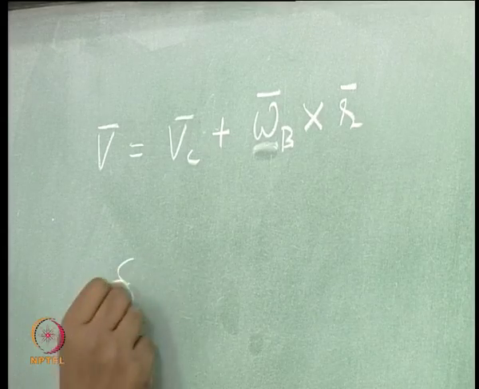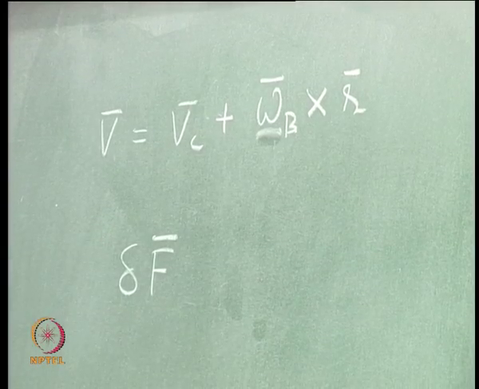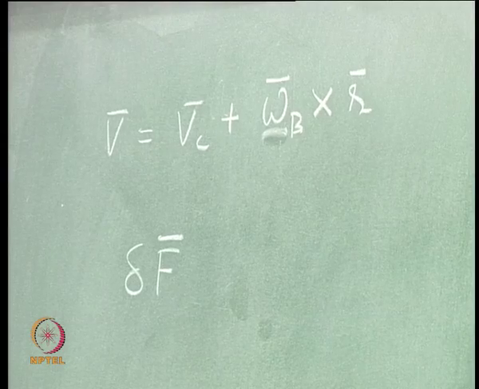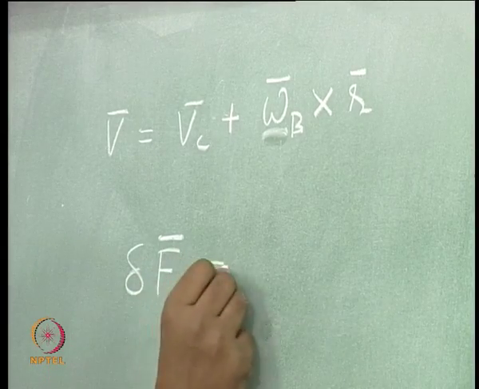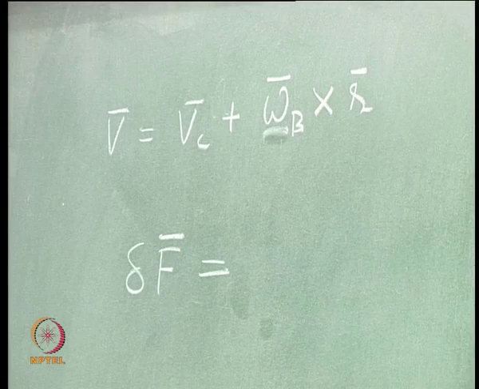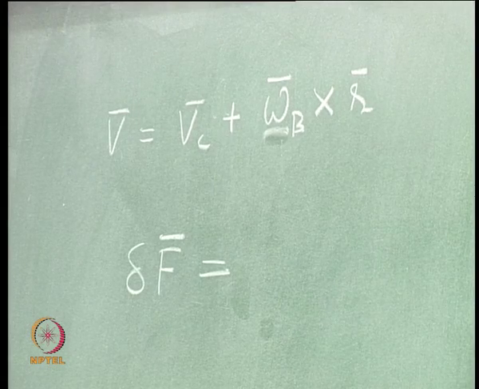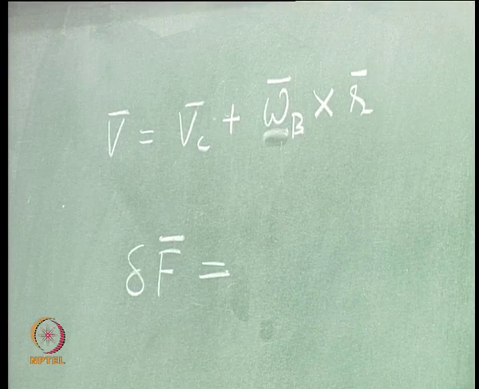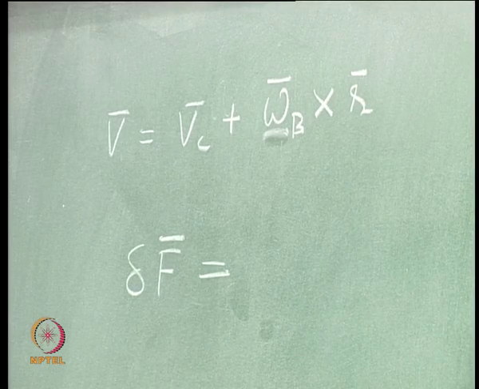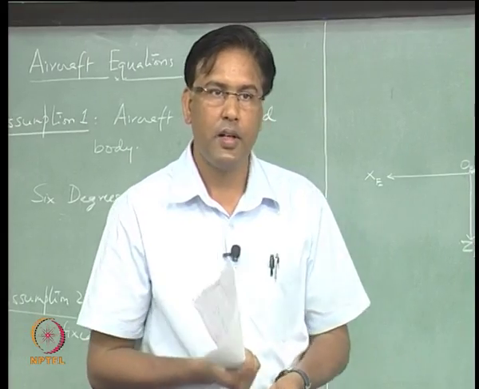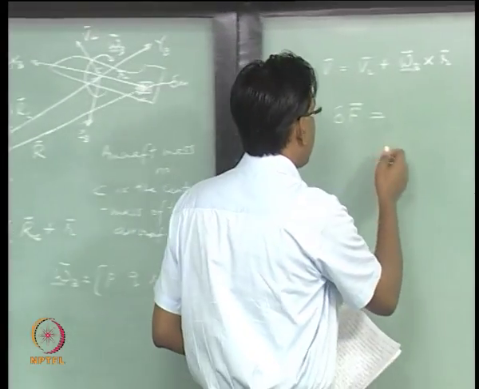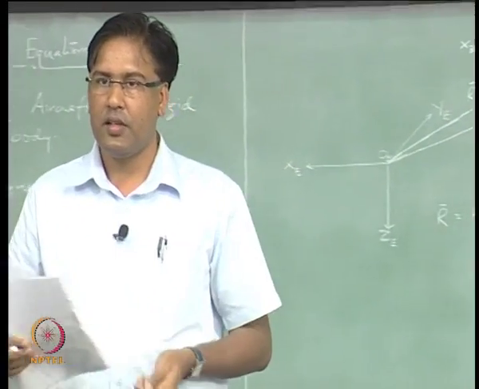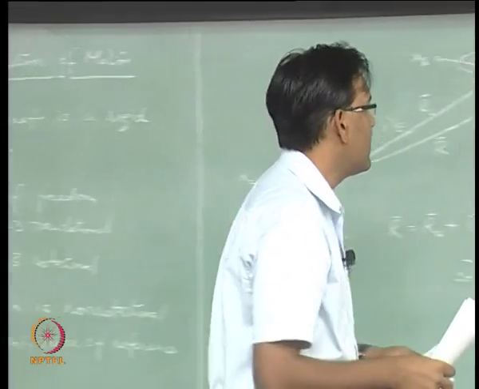So, if this is the force acting on the elemental mass delta m, then the equation of motion can be written in the simple form using Newton's law, right, F equal to m into a, right, and acceleration is the rate of change of velocity, right, or the time rate of change of linear momentum is going to give you the force.